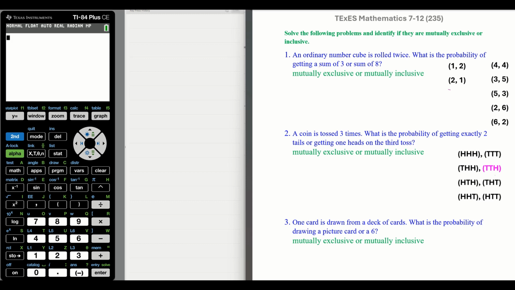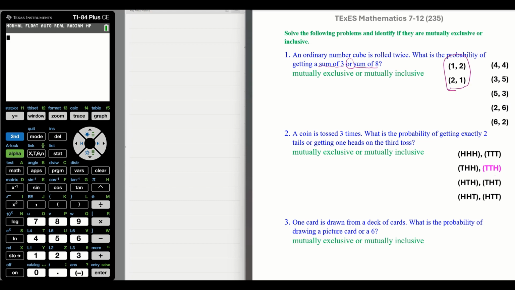Number 1, an ordinary number cube is rolled twice. What is the probability of getting a sum of 3 or a sum of 8? First we need to identify what our events are.